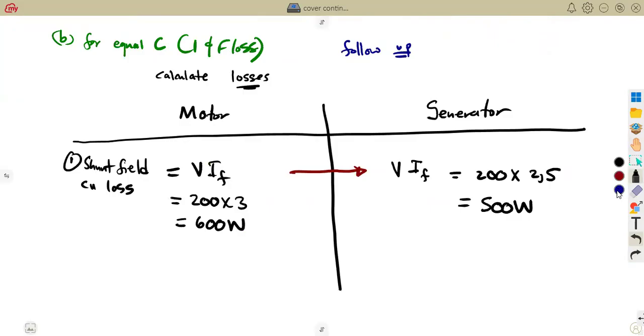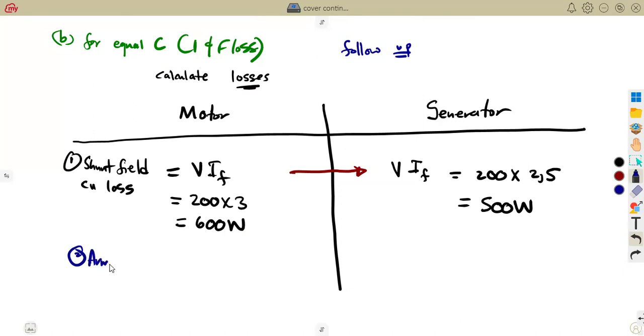We do the same thing for the armature copper loss. We remember these are the copper losses. The ones that you combine are the copper losses, because these can be calculated from the same formulas, only with different values depending on what you're working with. So we have the armature copper loss.